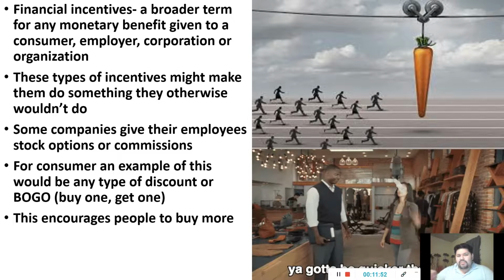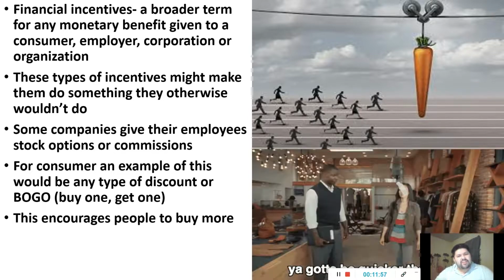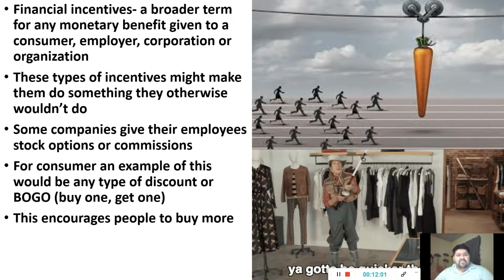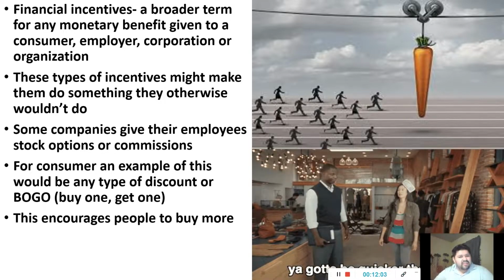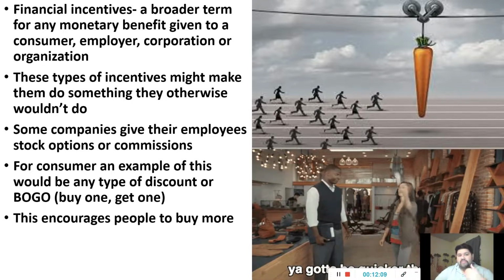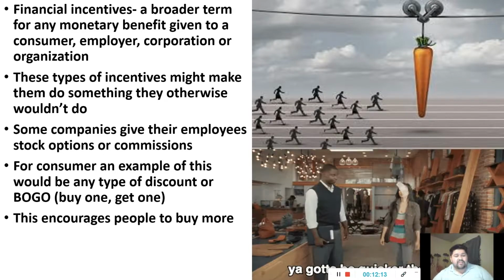Now, that's for people, right? Employees, things like that. What about us, the customers? They offer us sales, discounts, buy one, get one, sales like that. Right now it's the holiday season, so you might see sales going on 40% off, 50% off, 60% off on things.